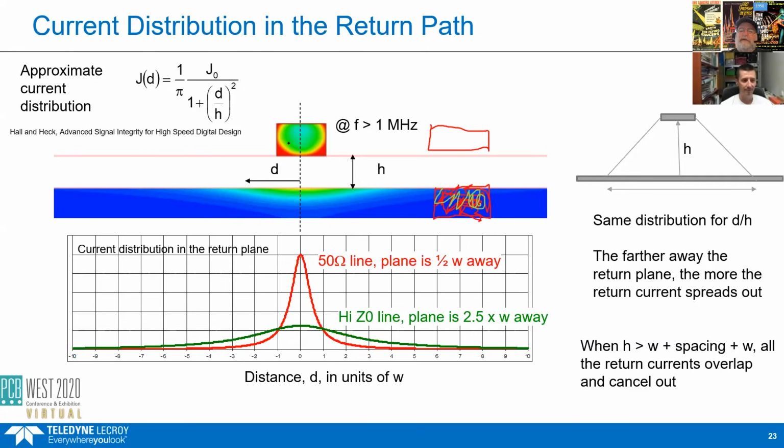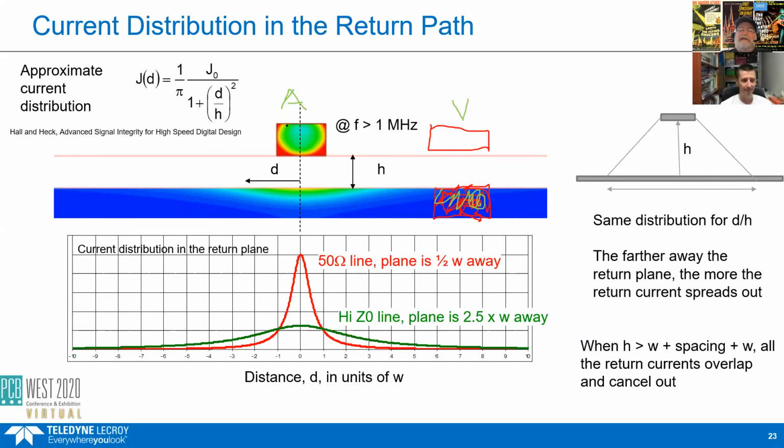The return current from the aggressor over here generates voltage noise in this path because it has the high inductance. And the poor victim line over here, his return path is part of this higher inductance path, and I'm going to get the DI/dt from this guy in here as part of his signal.